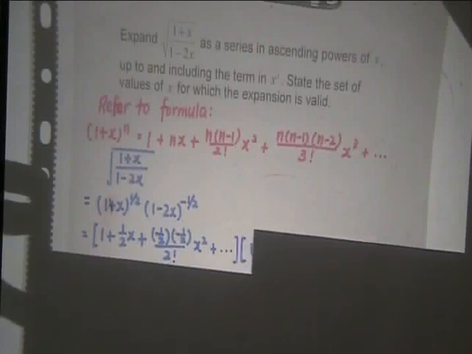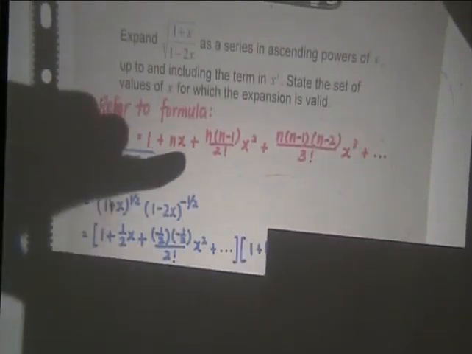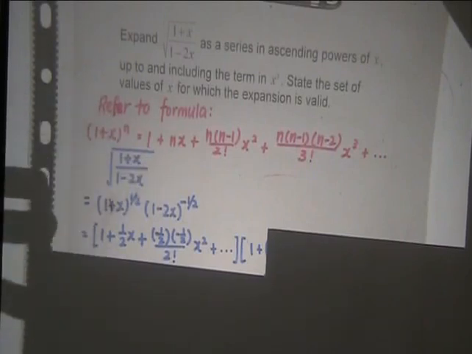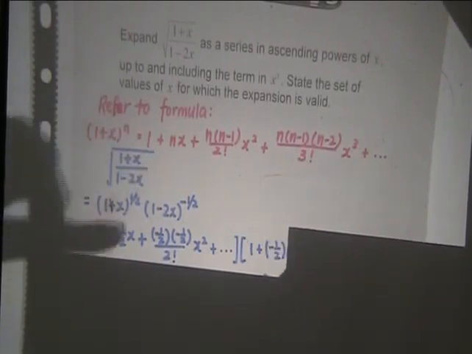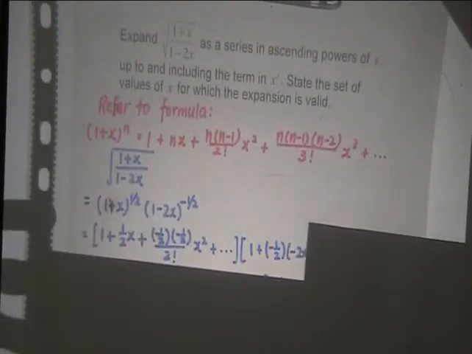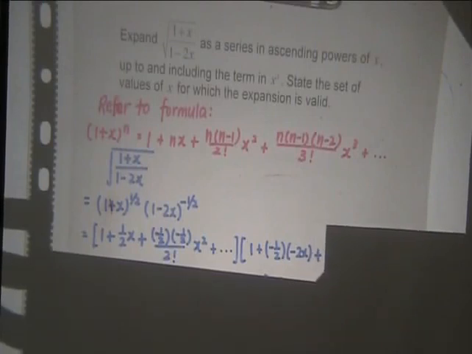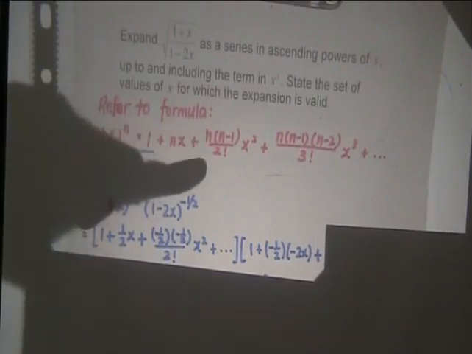The next expansion will be (1 minus 2x) to the power of minus half. Same thing, we start with 1 plus nx. So n is minus half in this case, but x is minus 2x. So we have minus half times minus 2x plus n times n minus 1 over 2 factorial.